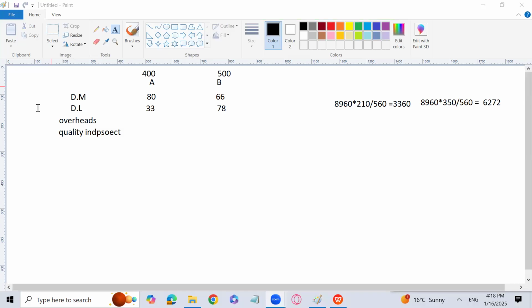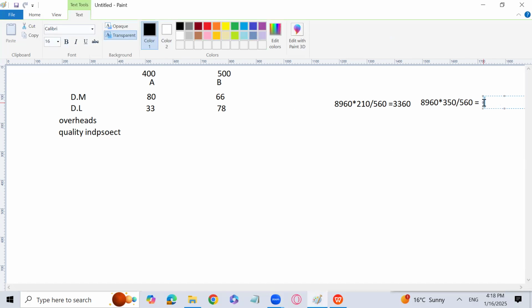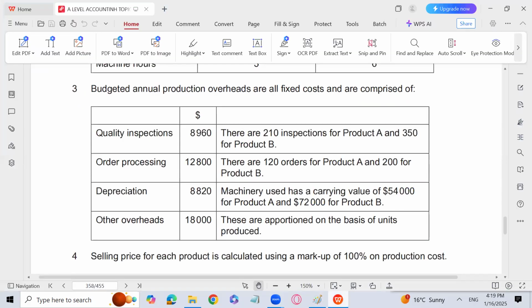Okay, thank you. This is going to be 5600. Now 3360 divided by 400, that is 8.4. And then 5600 divided by 500, that is 11.2.